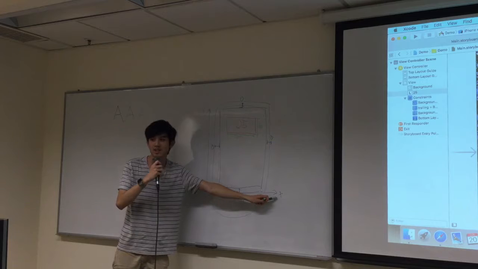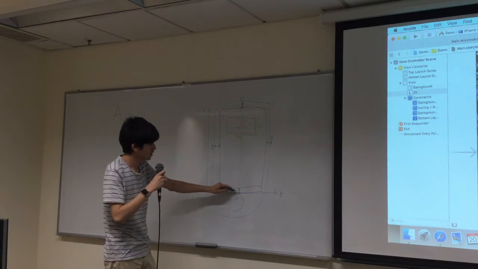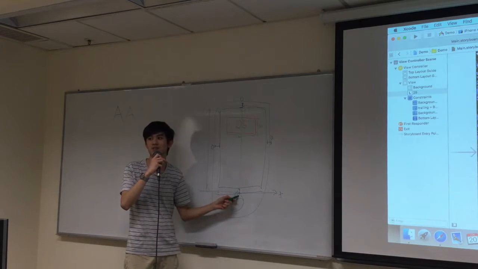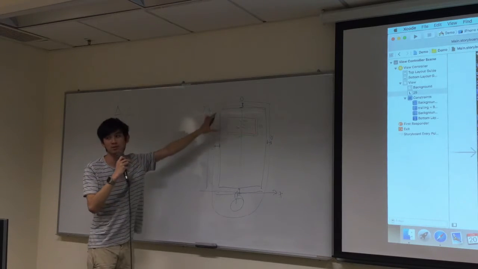So to fix the x-axis, we need to make it align center, so that on the x-axis, it will understand that it needs to be in the center of the screen. But how about the y? The y is now floating around too.